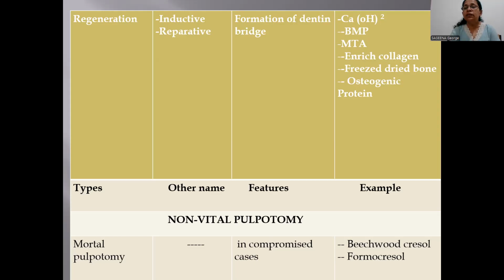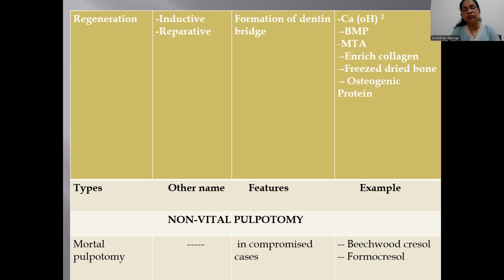Here, in non-vital teeth, the treatment modality is pulpectomy, but when the patient is uncooperative or due to some other reason, we are not able to perform the elaborate pulpectomy.